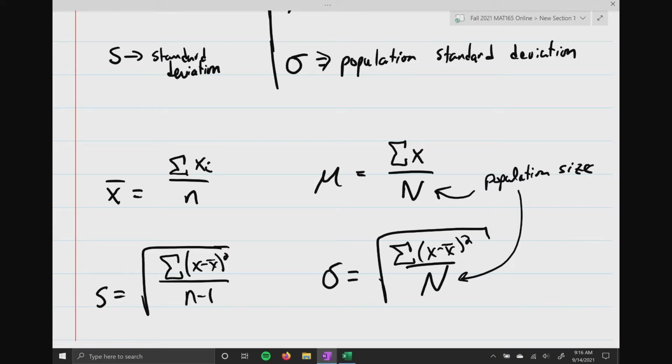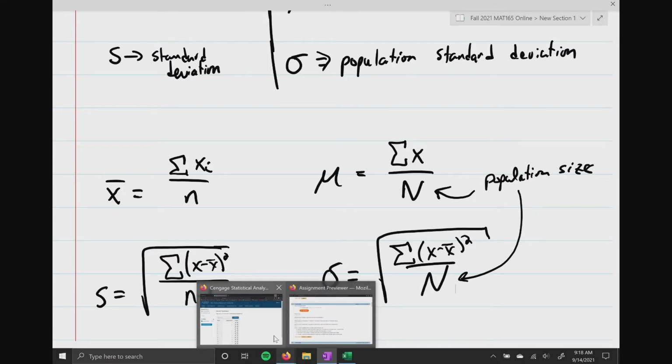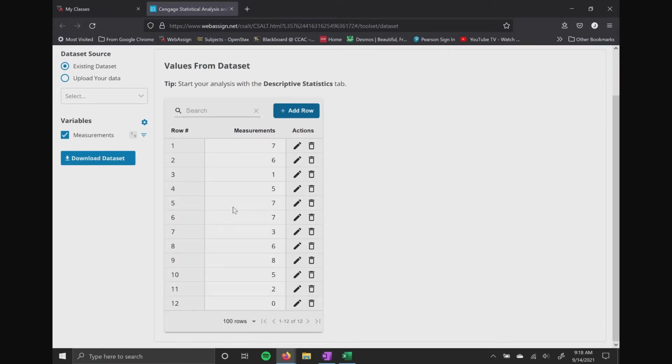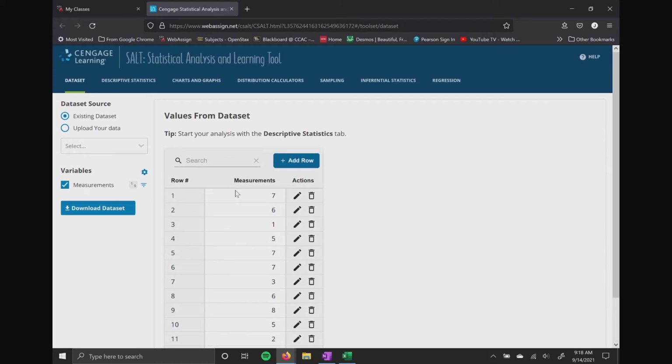So what I want to do now is just show you how to use SALT to do this. So let me go ahead and open up a homework problem real fast. All right, so let me open up this right here. So here I just have some measurements. They're just random numbers, that's all. Nothing too crazy. Okay? But to show you how to calculate the standard deviation using SALT, once again, we're going to go back to descriptive statistics.